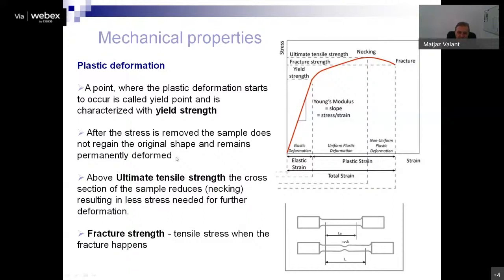We also said that at the highest possible tensile strength, necking occurs and we get a reduction of the cross section of the sample. And then it comes down to the fracture strength, where of course the catastrophic fracture happens and the sample is destroyed.